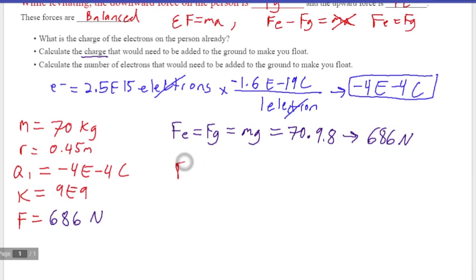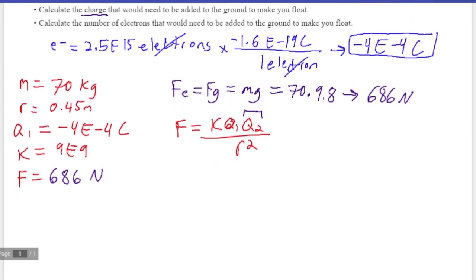So if we have our equation, force is equal to K, Q1, Q2, all over R squared, that means that I'm solving for this value here, Q2. Well, instead of me plugging in my numbers and then solving, I'm going to manipulate my equation first and then solve. So in order for me to do that, I'm going to multiply r squared over to the other side.